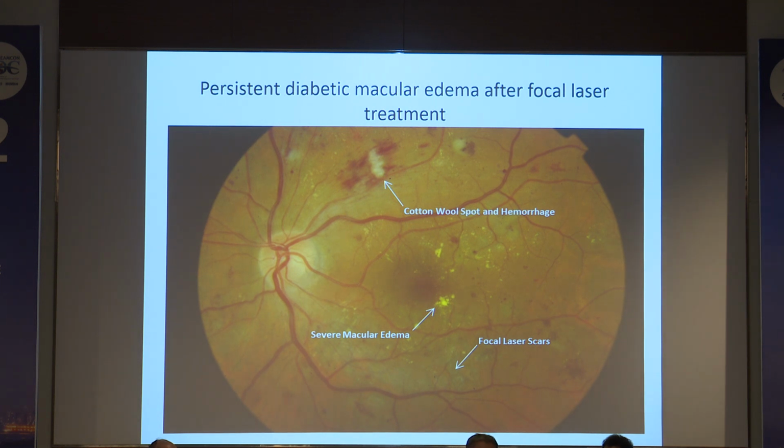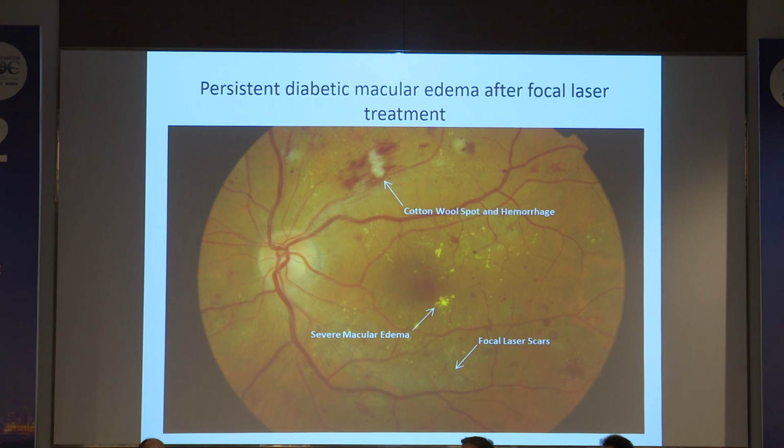One, when the leakage is within the 500 microns, and these are the patients where you cannot do a laser. But if you have leakage which is involving the macula, causing macular edema, but the leakage is outside, these are the patients who are very good candidates for a grid laser, which is a very cheap option.